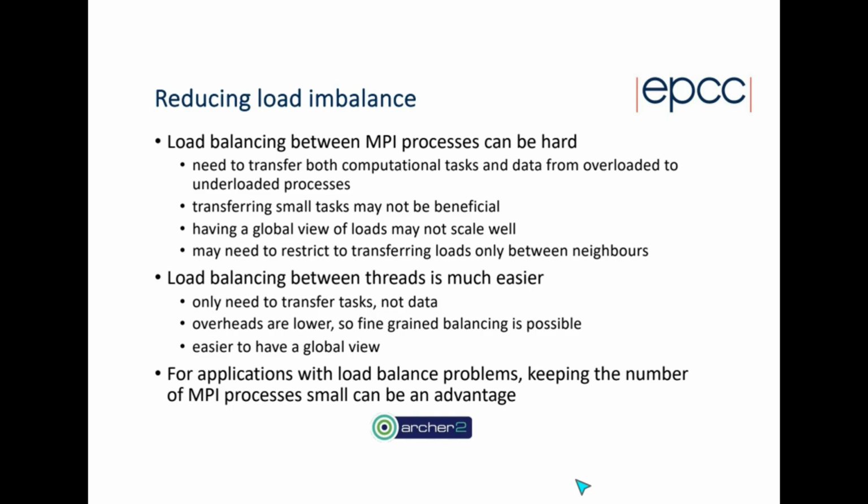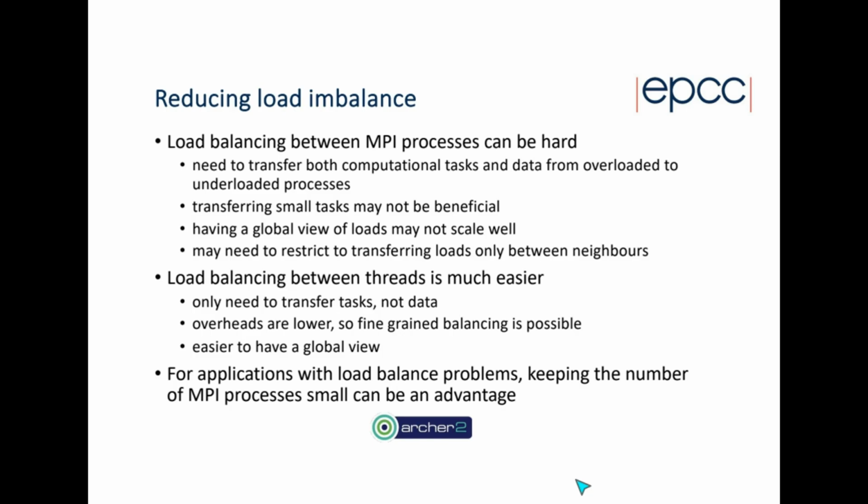If you want to scale to very large problem sizes and very large core counts, or really very large MPI process counts, then having a global view of the loads on every MPI process may not scale well. It's maybe fine if you've got 1,000 MPI processes for every process to communicate its current load to the master process, which calculates some redistribution and tells every other process how to redistribute their load.